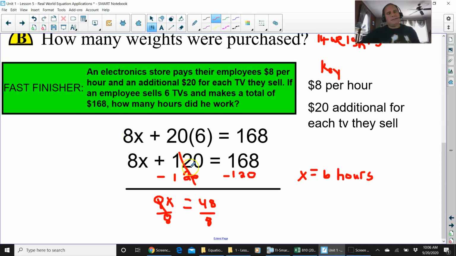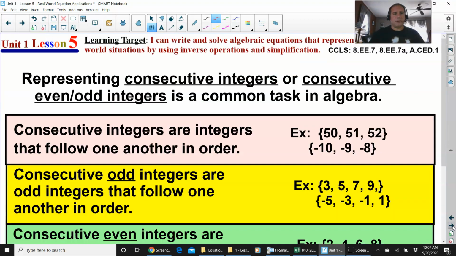So now instead of just 20, it's 20 times 6, because the person did sell 6 TVs. 20 times 6 is 120, so the equation now becomes 8x plus 120 equals 168. Tricky problem. Subtract 120 on both sides, and then you have 8x equals 48, and you divide by 8 on both sides, and you have 6 hours total that the person did work.